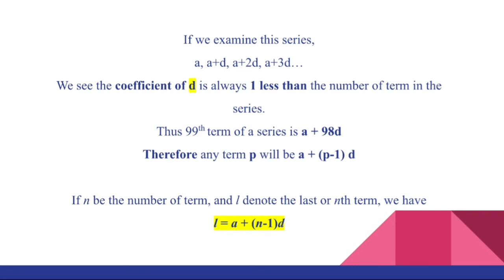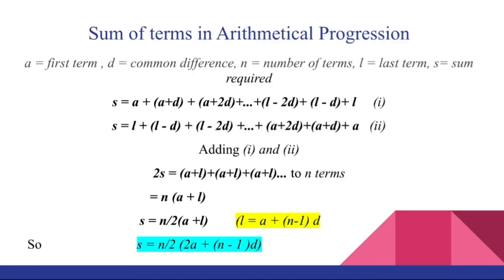How? Because l is the last term, and the term before it is l minus d, and thus we come to the point that l, the last term, is always a plus n minus 1, the number of terms minus 1, times the common difference.